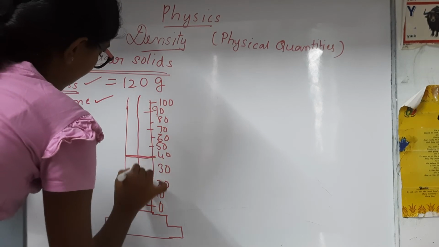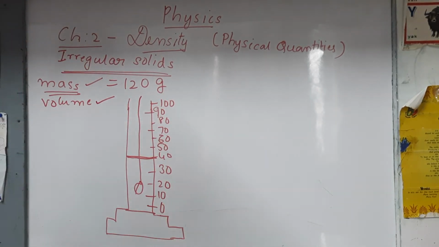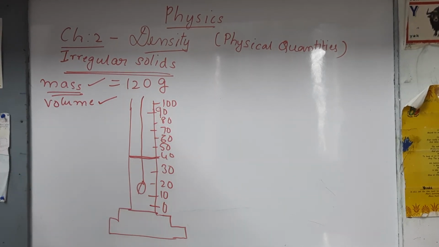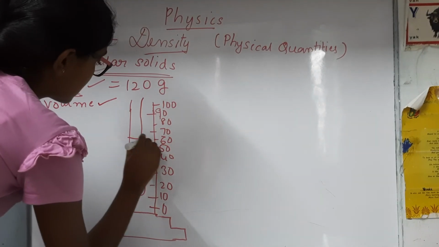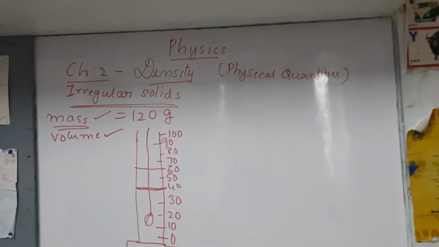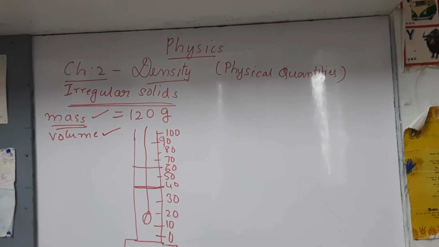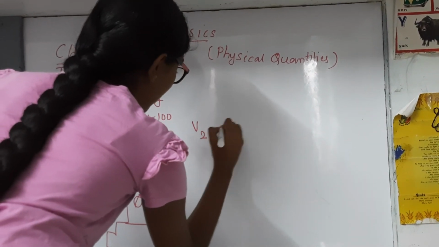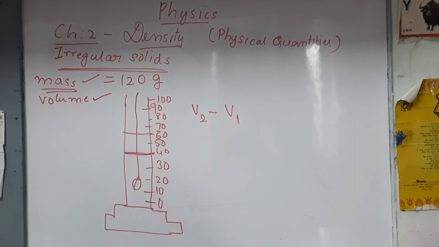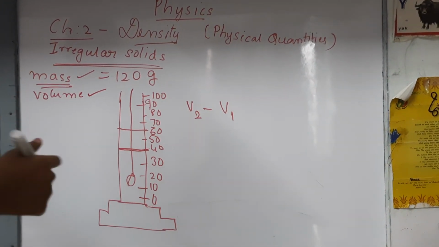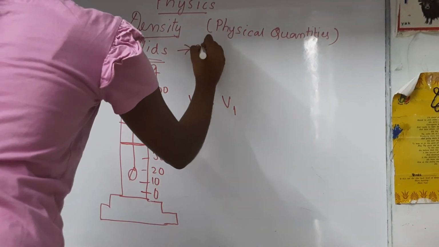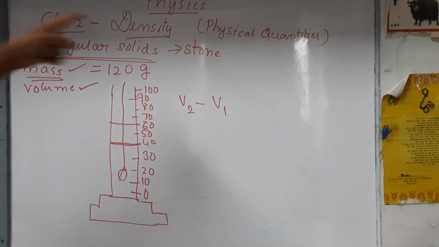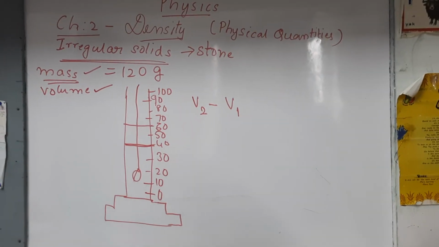I tie it to a thread and dip it into the water. It should touch the bottom. The level of water has risen to 60 ml. Now we have to find V2 minus V1 to get the volume of this irregular solid. Let me take the irregular solid as a stone.